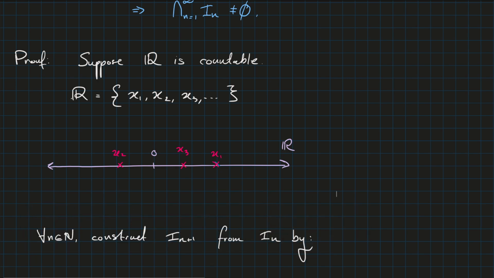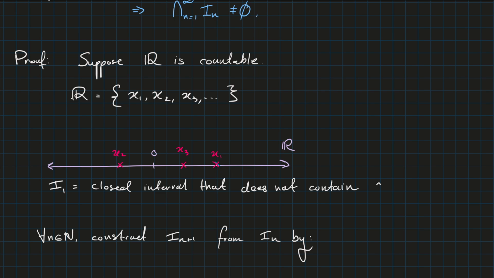So for I_1, we're just going to take some closed interval that does not contain x1. If we look at our picture here, I'm going to take some closed interval that does not contain x1. Well, we can just do that, right? A1, B1.